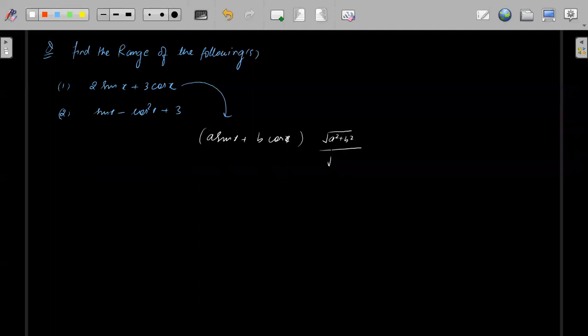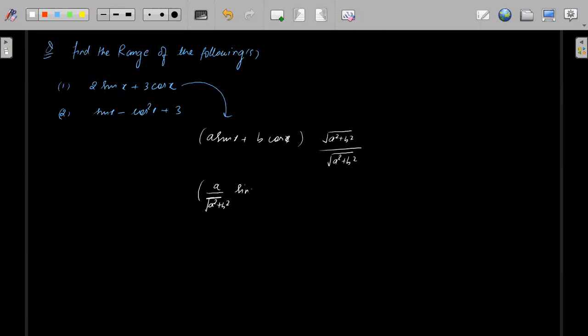Why we are dividing with root of a square plus b square, I have already explained yesterday. To convert this into a by root of a square plus b square sin x plus b by root of a square plus b square cos x, into root of a square plus b square.